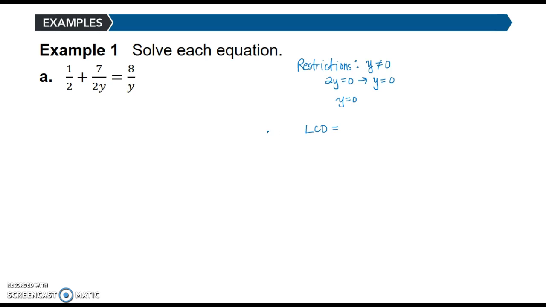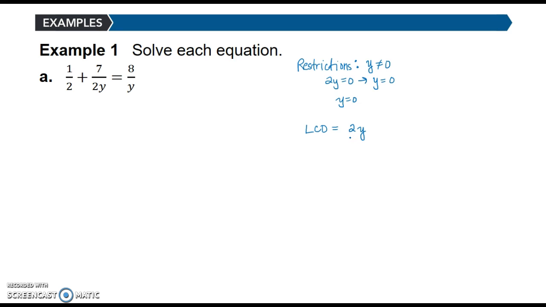Now the least common denominator is the expression that all of those denominators divide into. So we need something for 2 to divide into, so we need a factor of 2. From the second denominator, we need a factor of 2 and a factor of y. We already have the 2, so we need a factor of y. And from the third denominator, we need a factor of y, which we have.